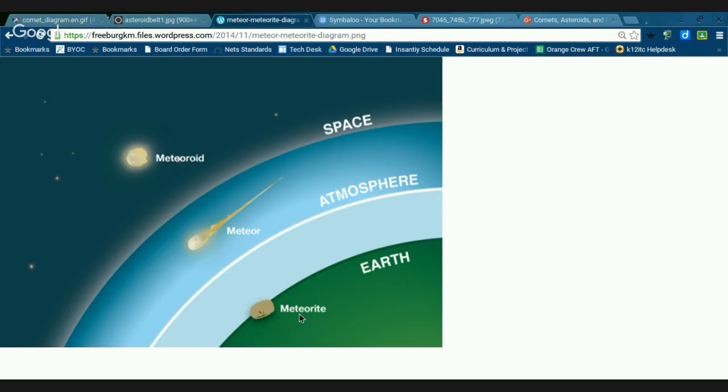It's a triple Venn diagram. On this Venn diagram, there are 3 circles labeled asteroids, comets, and meteors. Probably should say meteors / meteoroids. But you need to fill out this Venn diagram.